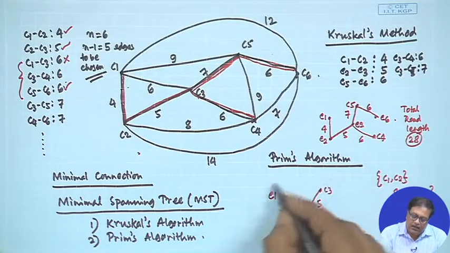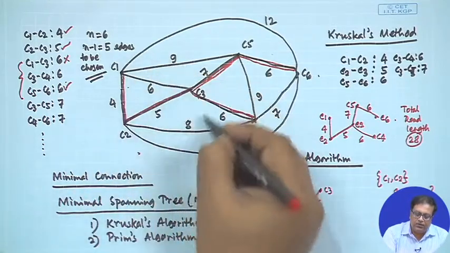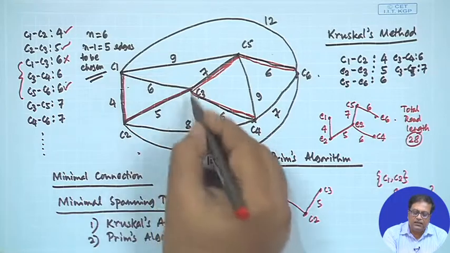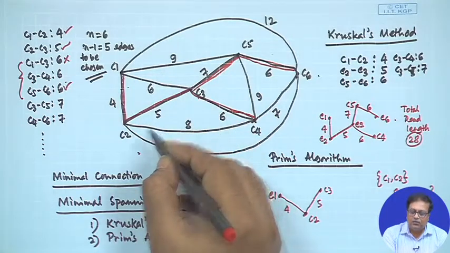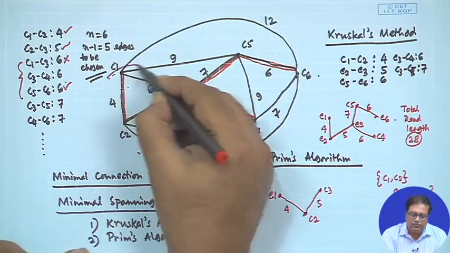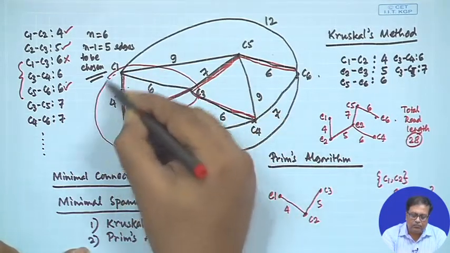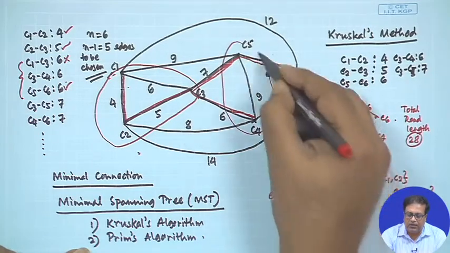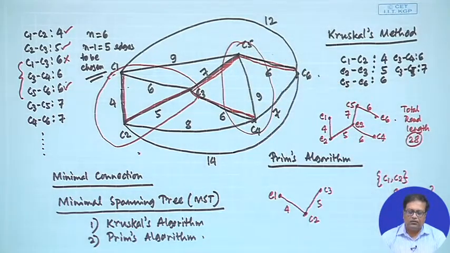Now take the entire thing C1 C2 C3 all together and look at what is its nearest neighbor. So one side is C1 C2 C3, this entire portion. What is the nearest neighbor out of these, C4 C5 at this point, right?